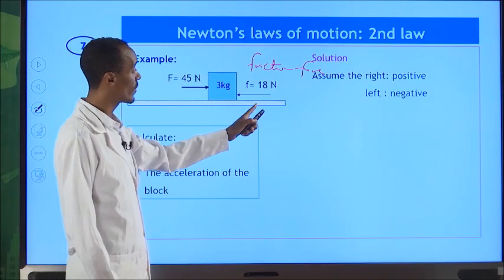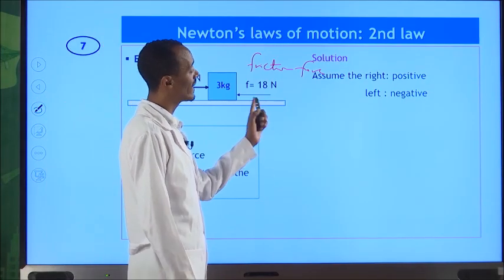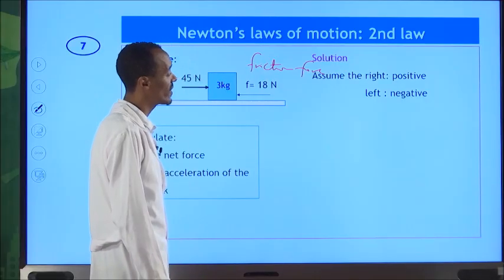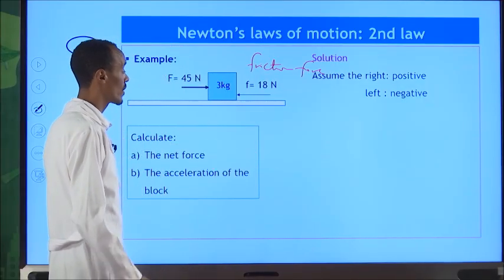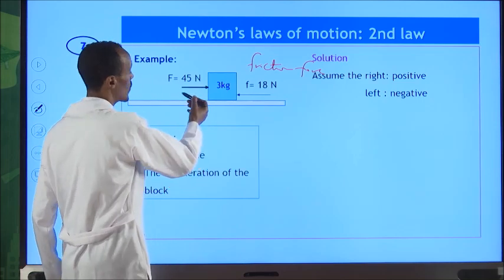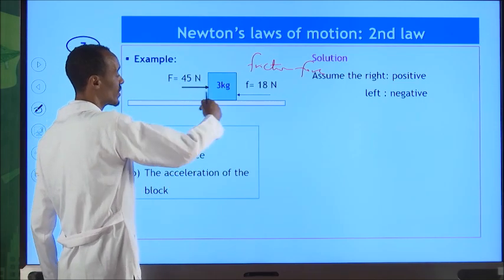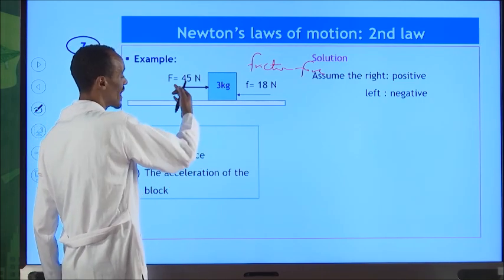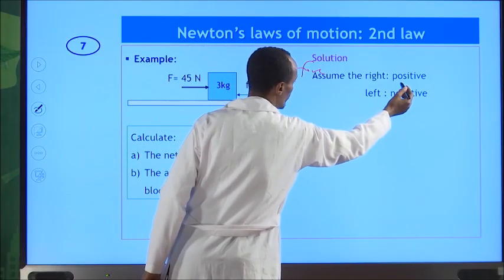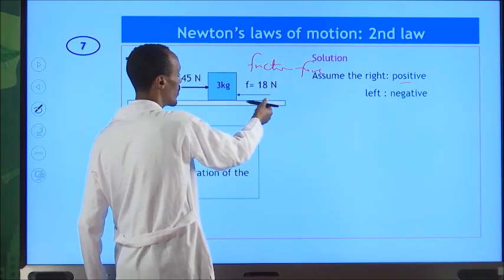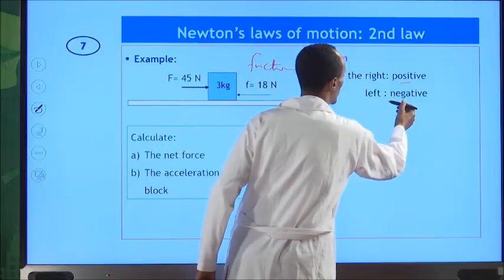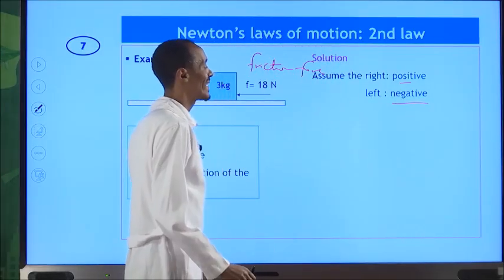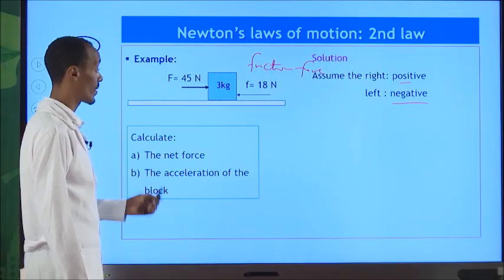Let's assume for this example the right direction is positive and the left direction is negative. So the 45 Newton force is acting to the right, so that force is taken to be positive, and we have the frictional force which is directed leftward, and we consider this friction as negative when we are calculating the net force.